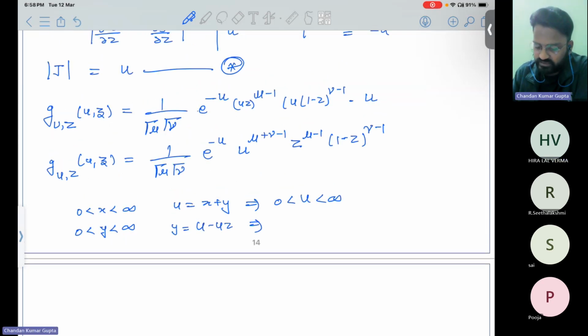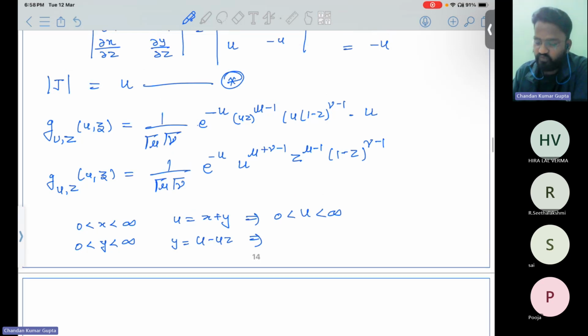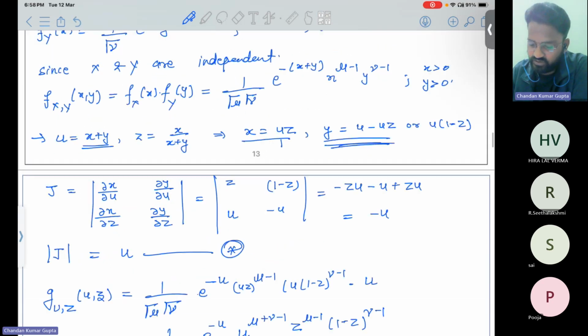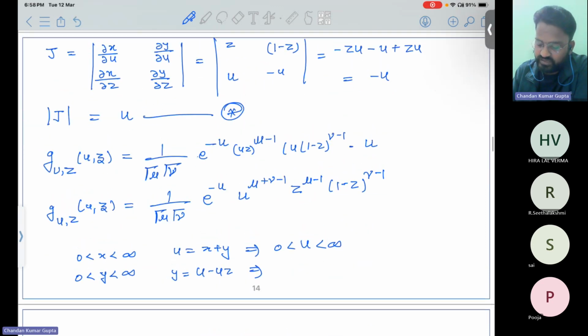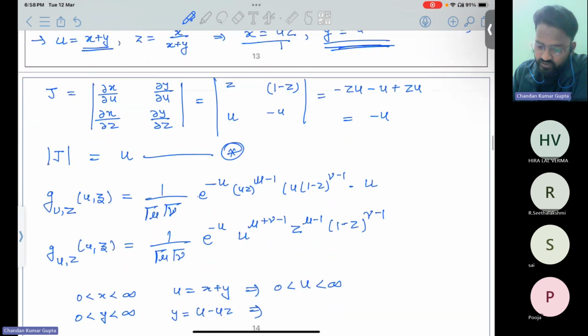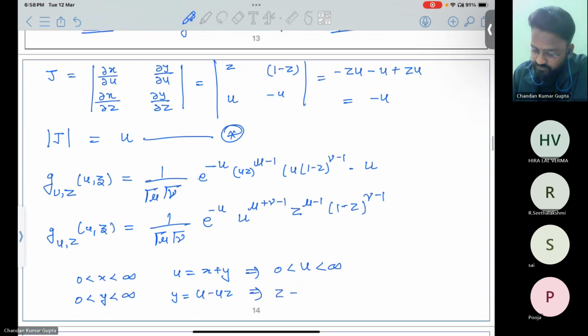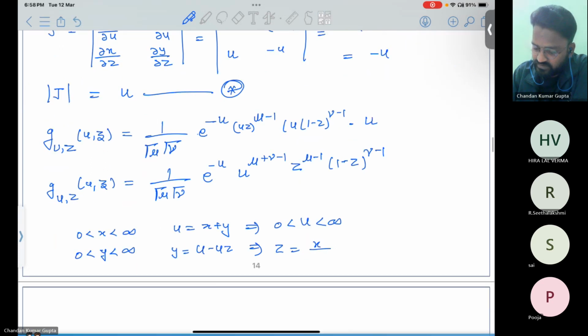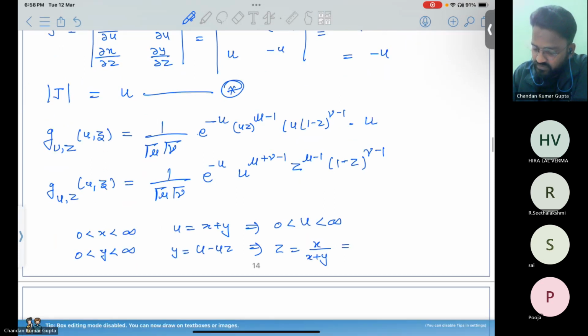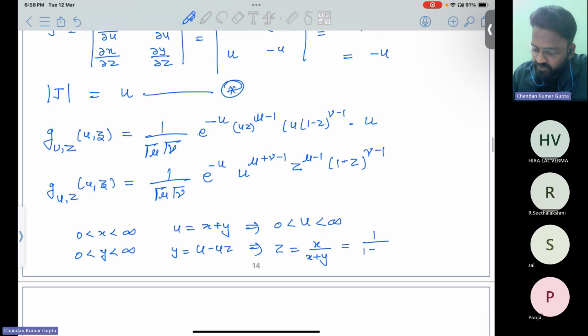That means y equals u minus uz. So we have considered the value of u, which is given, and z equals x upon x plus y, which is 1 upon 1 plus y by x.